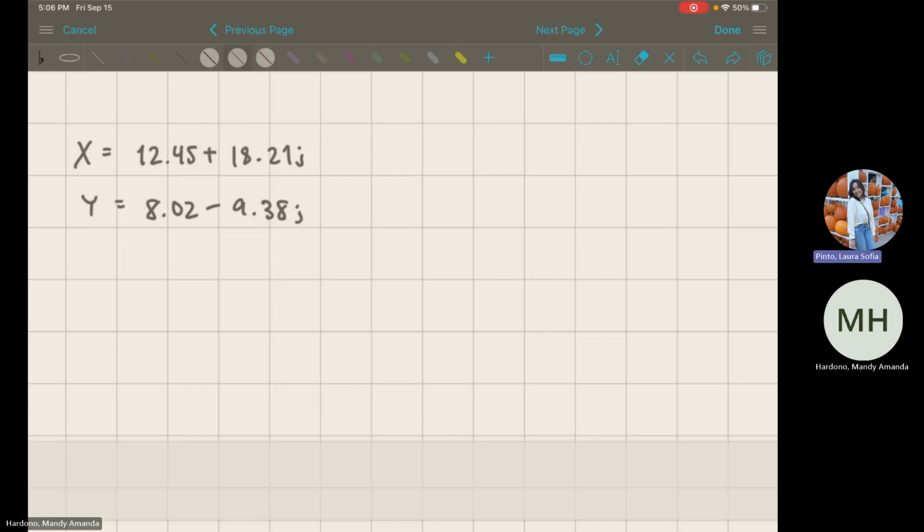Then we can do X times Y, and then we'll do the complex conjugate of X minus Y.